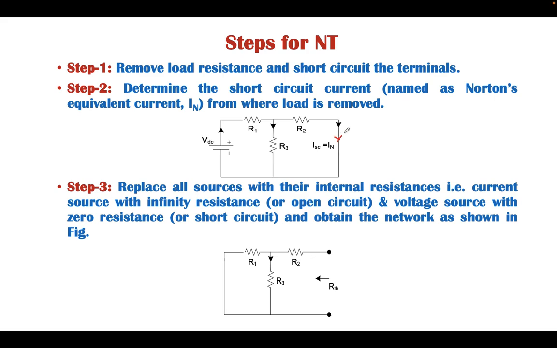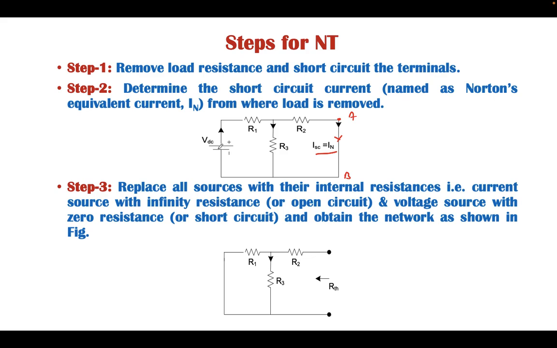The current flowing through terminals A and B is ISC, the short circuit current, which is equivalent to the Norton equivalent current. Determine the short circuit current here, then replace all the sources with their internal resistance, that is, current source with infinity and voltage source with 0, and obtain the equivalent network. This will be the network.